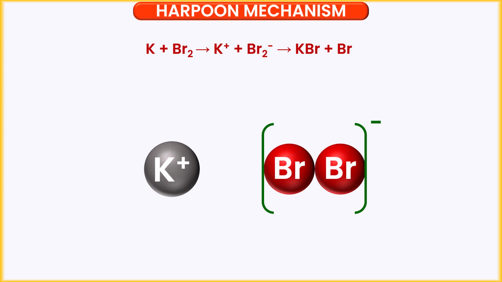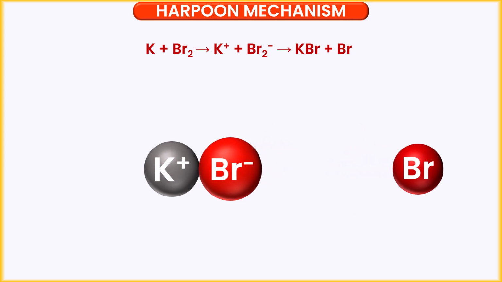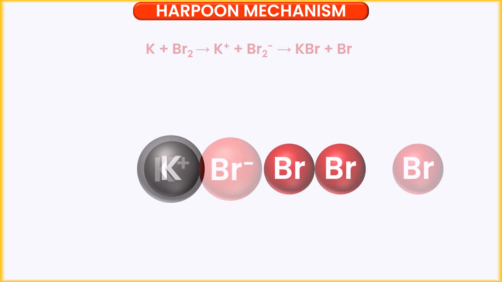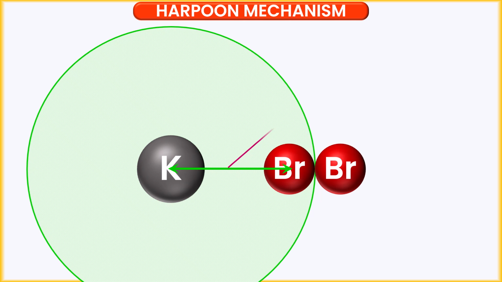The strong electrostatic Coulombic attraction between these oppositely charged species then rapidly pulls the ions together to form KBr and eject a bromine atom.